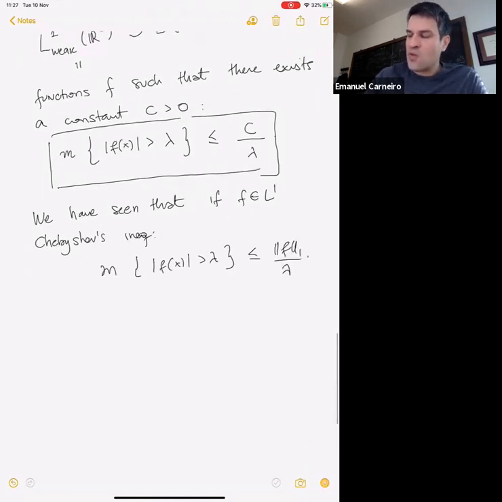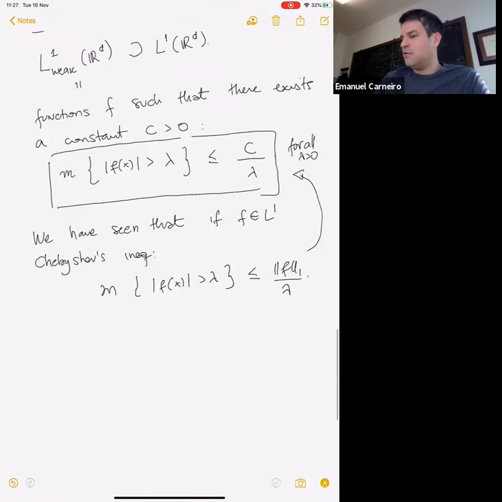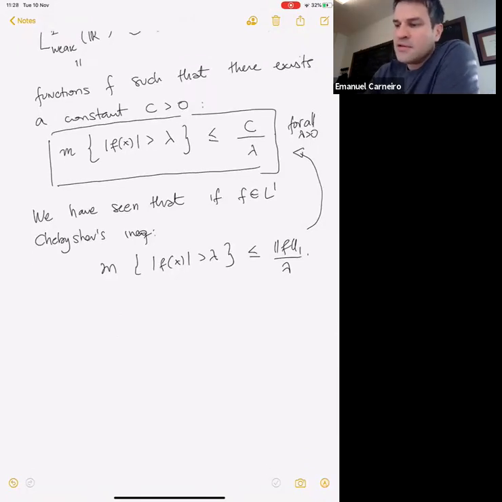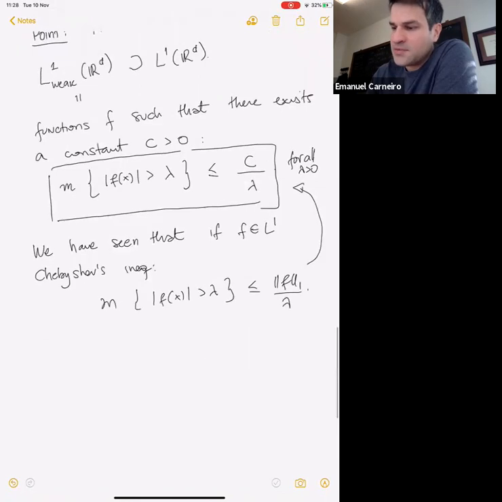So if a function is in L1, this works with the constant c being the L1 norm of f. Okay, but in general, you don't need to have the function in L1 to have this inequality of the L1 weak space, right?